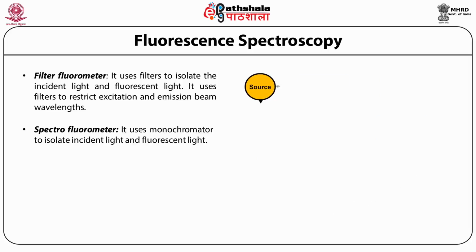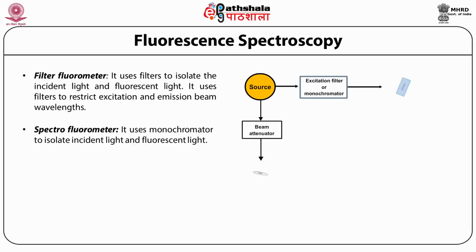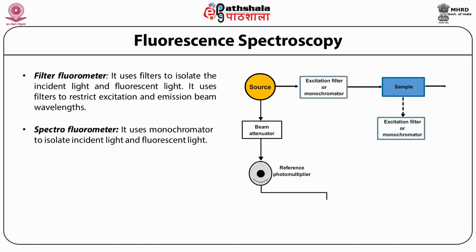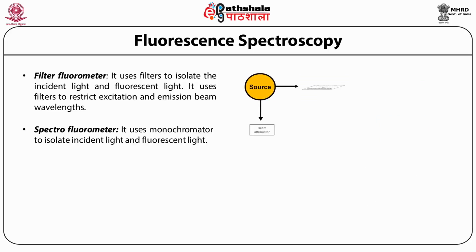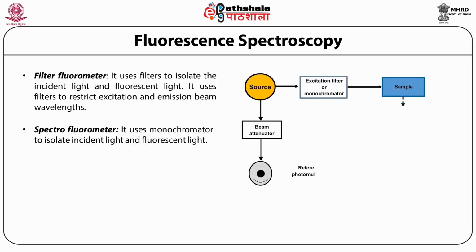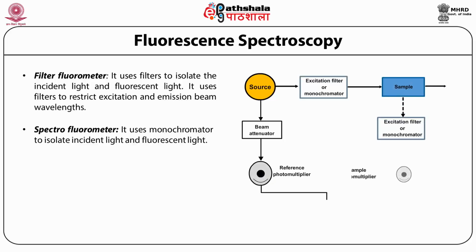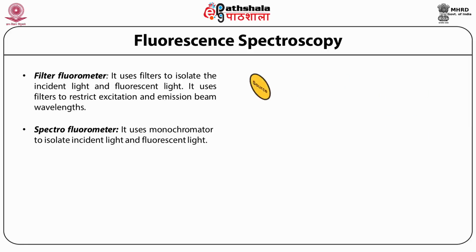The fluorescence emission spectrum includes either a continuously variable interference filter or monochromator. In more advanced instruments, monochromators are provided both for the selection of exciting light and to detect the sample emission.